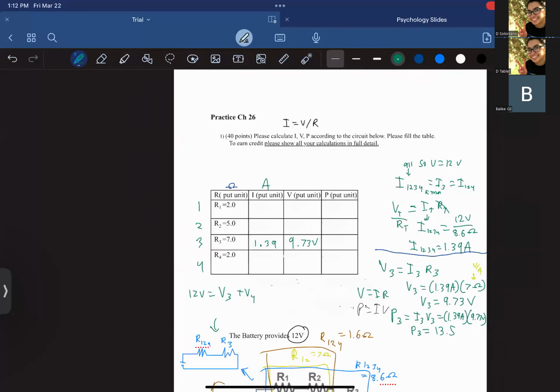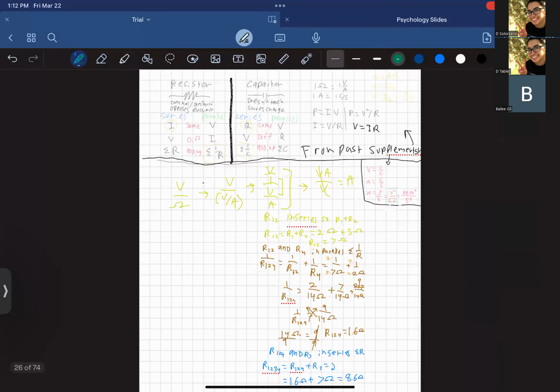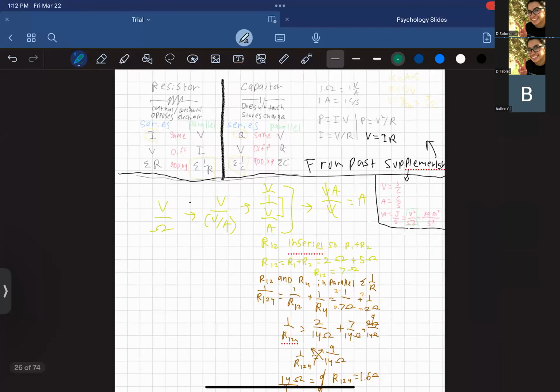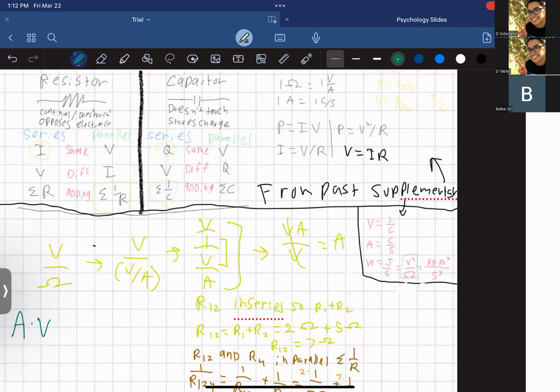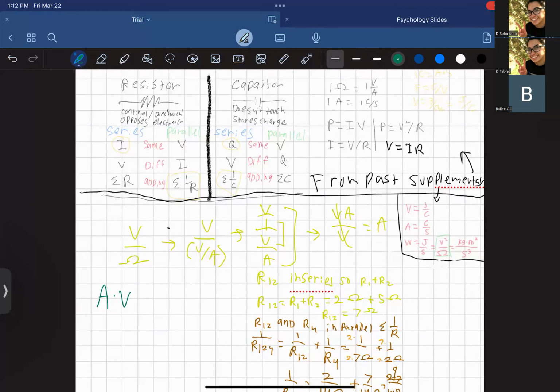I'm thinking it's probably gonna be joules, but we'll double check. We have ampere, volts. Ampere is coulombs per second, and volts is joules per coulomb.